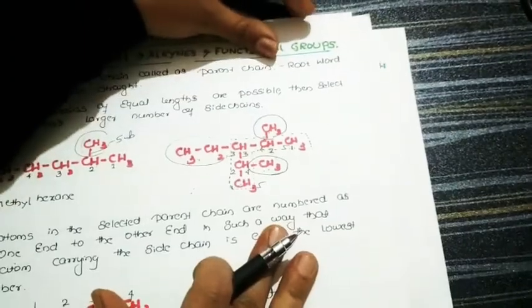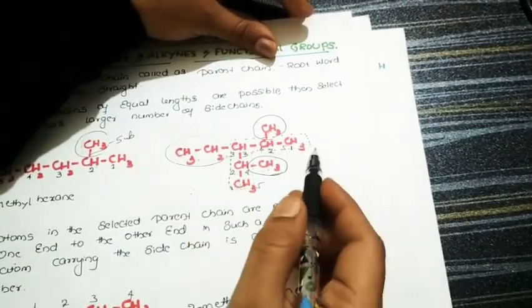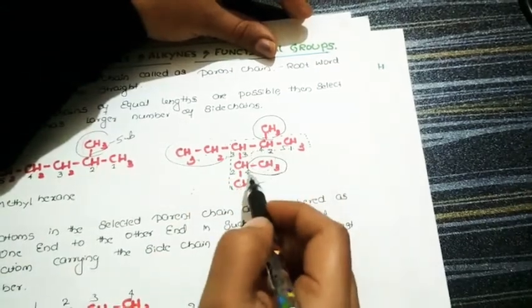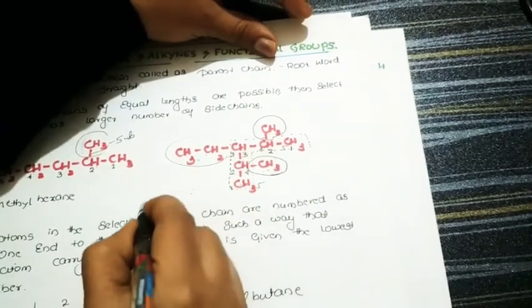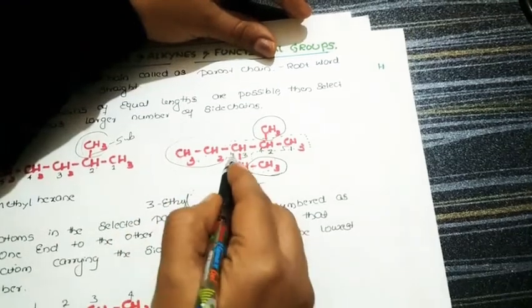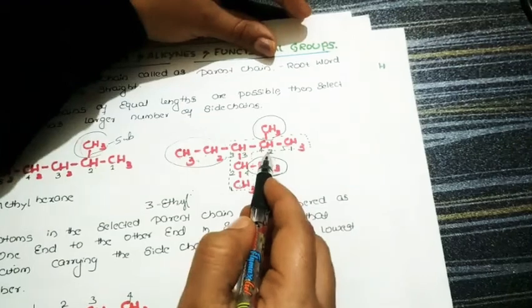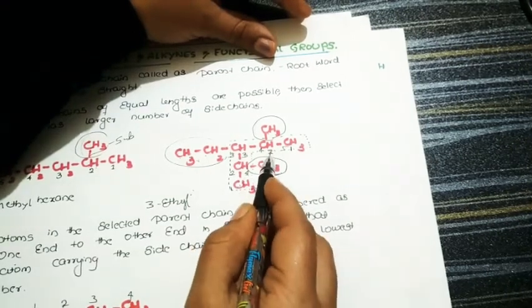So now the nomenclature, see, this is how I have numbered. Now start naming. So ethyl group we have, methyl group we have. So alphabetically which do we need to write first, dear students? Ethyl. So 3-ethyl. Third carbon we have an ethyl, and at the second carbon and the fourth carbon we have a methyl.